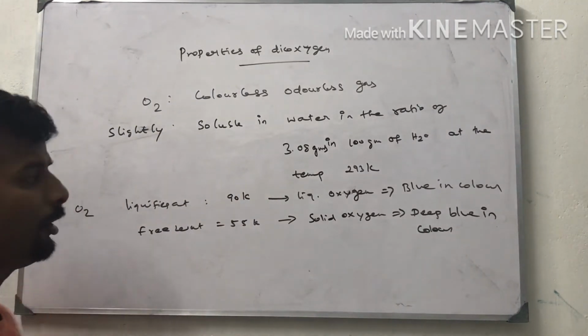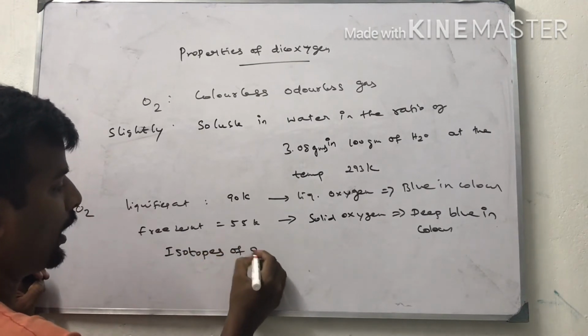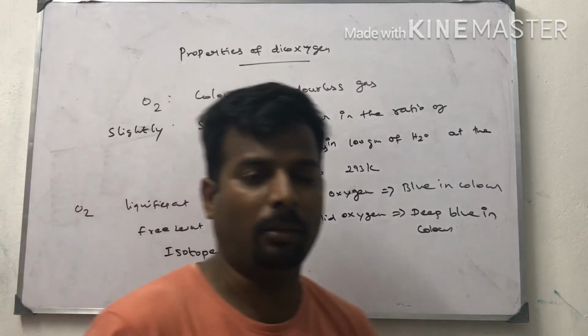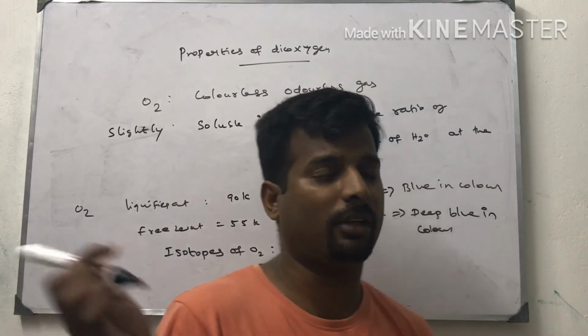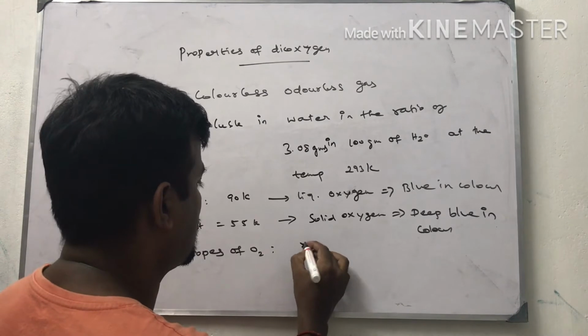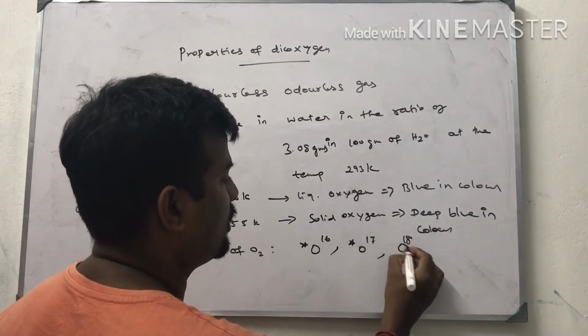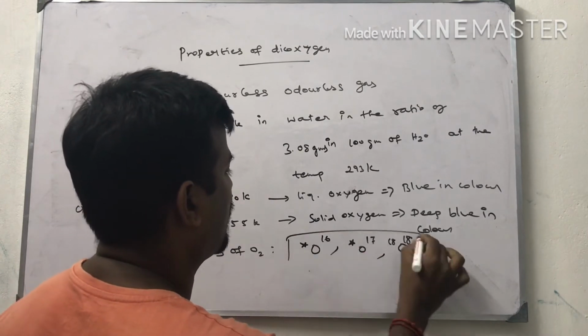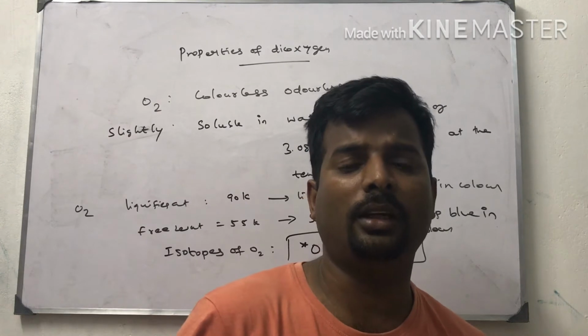Isotopes of oxygen. What do you mean by isotope? Isotopes are atoms of an element having the same atomic number but different mass numbers, which we learned. So oxygen-16, oxygen-17, oxygen-18. There are three isotopes present in oxygen.